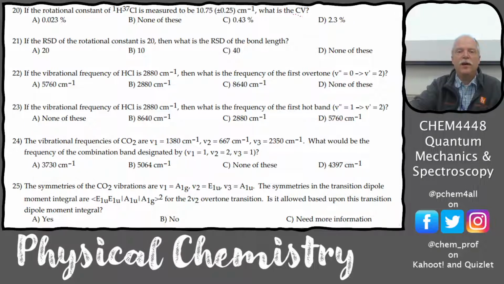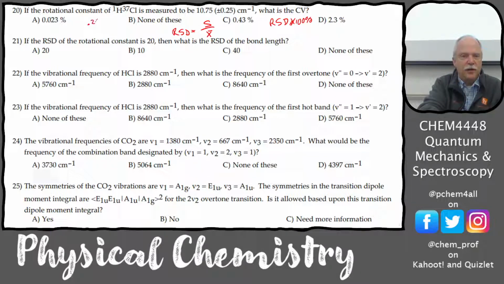So the coefficient of variation is the RSD times 100%. Okay. And what's the RSD? RSD is equal to the uncertainty over the average. And so here we have this rotational constant written out, 10.75 plus or minus 0.25.